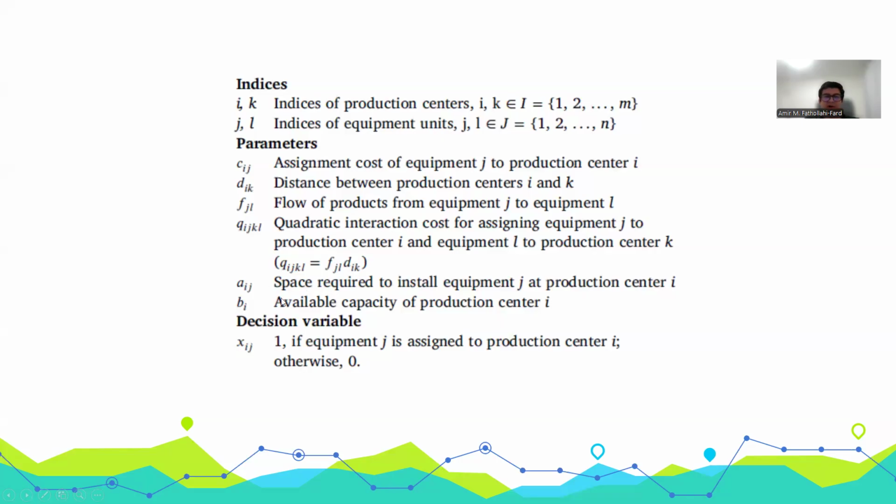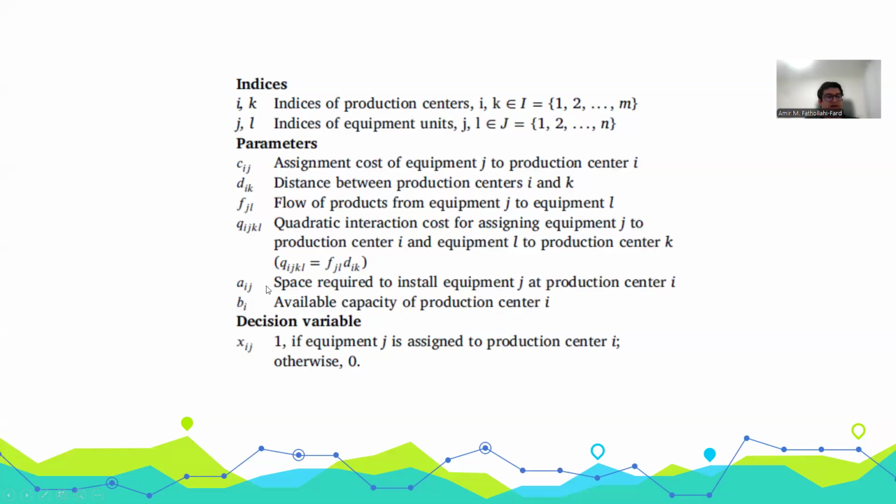Two important parameters of the GQAP are, first, the space required for the installation of an equipment at a production center. It matters how much space we need and how much capacity we have.